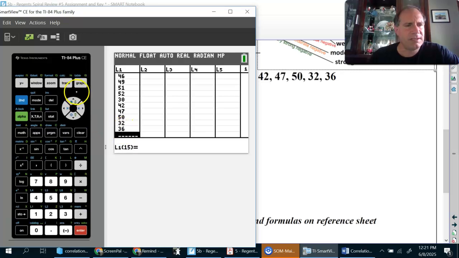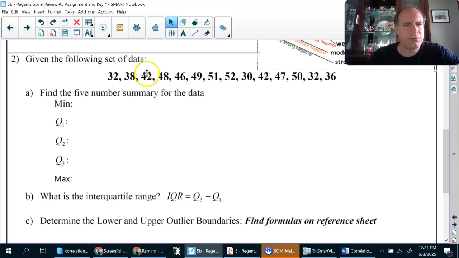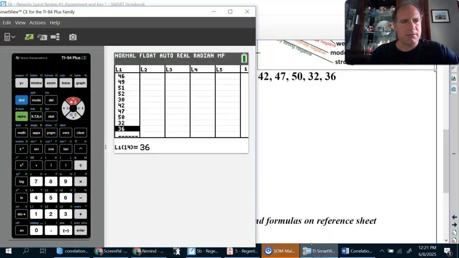We have 14 numbers. We're going to go up and see that we have 14 numbers. 1, 2, 3, 4, 5, 6, 7, 8, 9, 10, 11, 12, 13, 14. I have 14 numbers. So here we go.